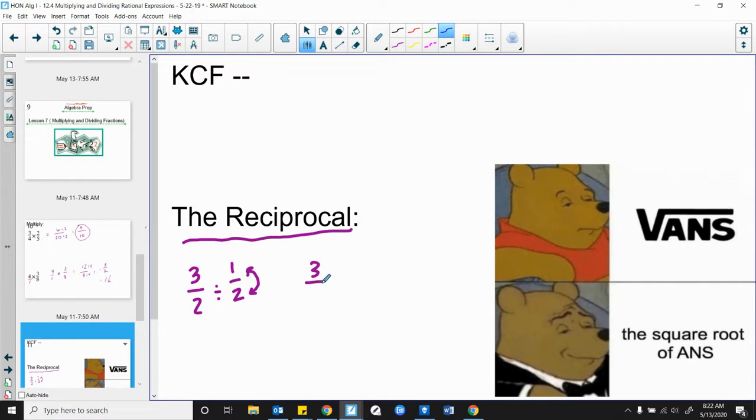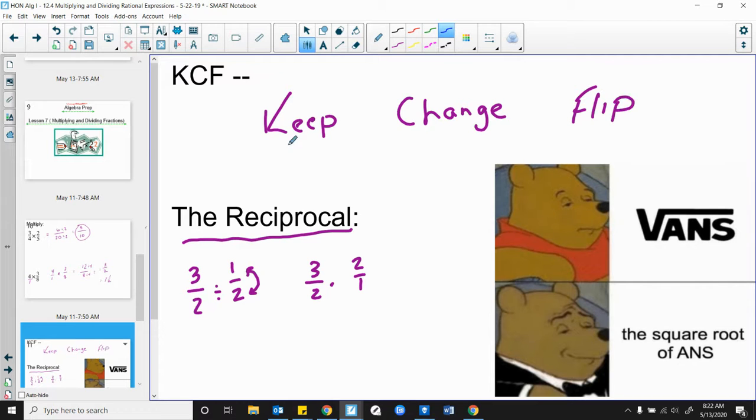So it would become 3 over 2 times 2 over 1. The reciprocal is just a fraction flip. This is a very fancy way to explain the strategy that I like to use: the keep, the change, and then the flip. That's what I want you to focus on.